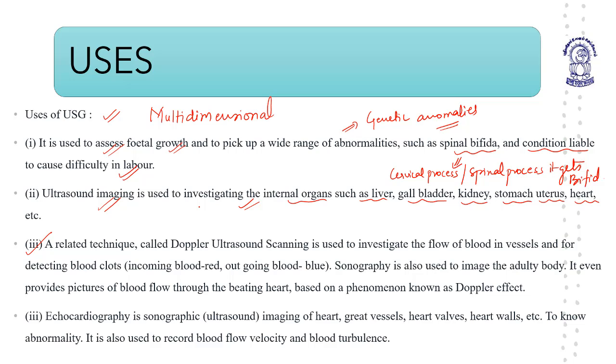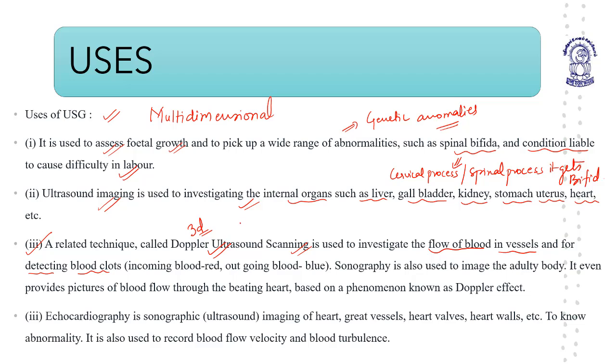This technique is a modification of ultrasonography known as Doppler ultrasound, a 3D Doppler ultrasound scanning used to investigate the flow of blood in vessels and for detecting blood clots.